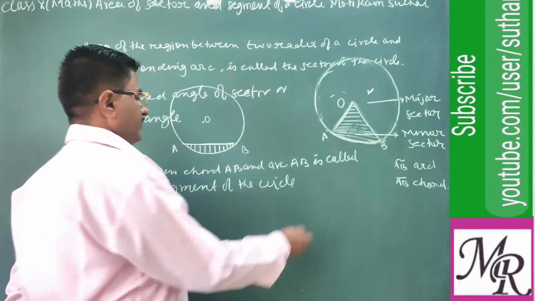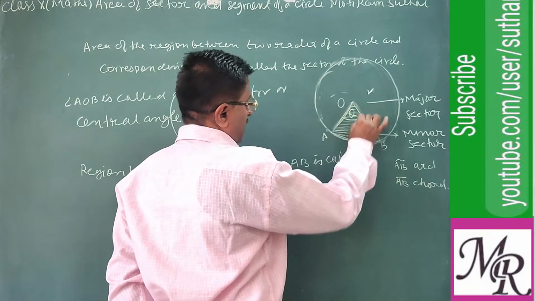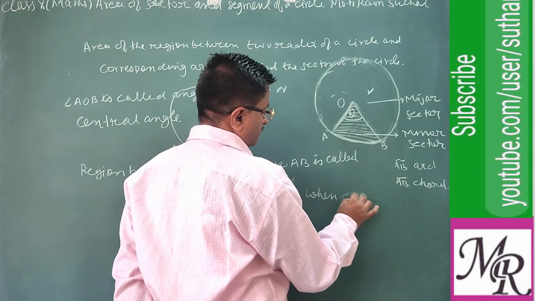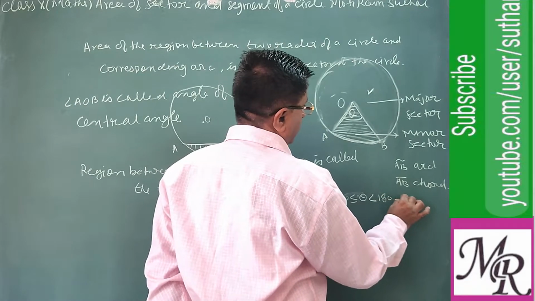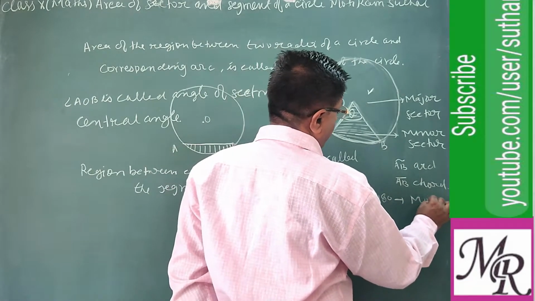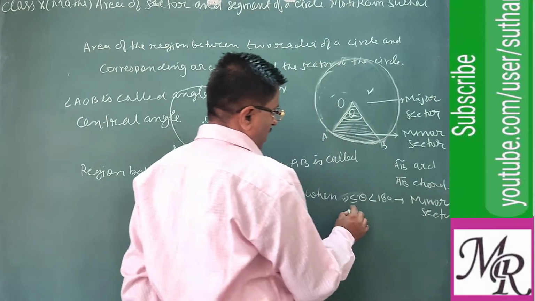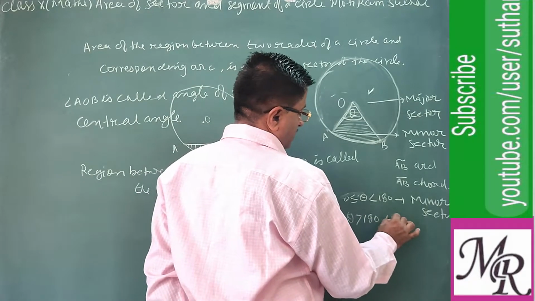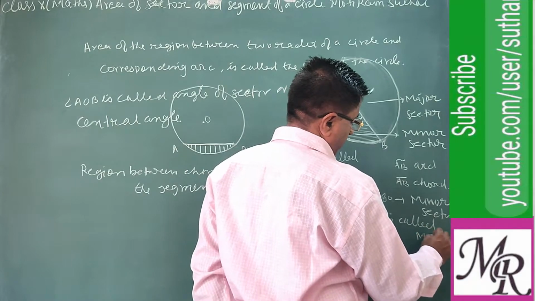So when this angle theta is greater than or equal to 0 and less than 180, we call it a minor sector. Otherwise, when theta is greater than 180, it is called a major sector.